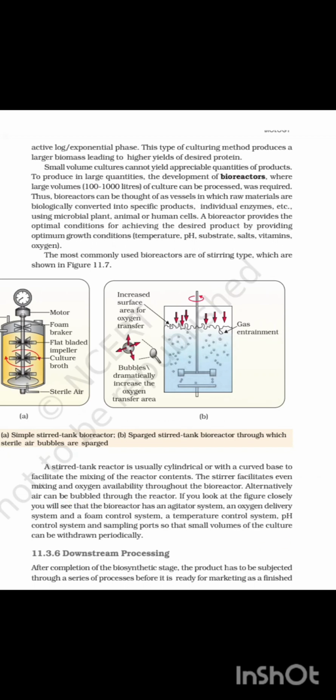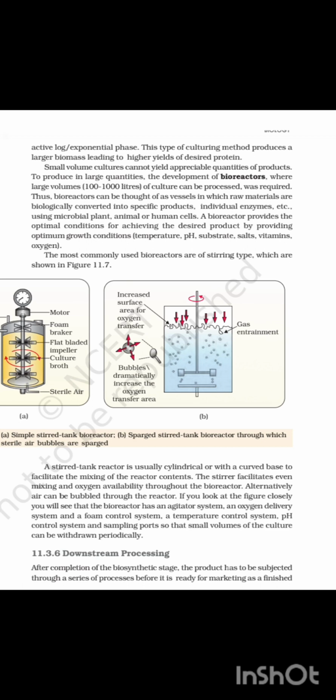If you look at the figure closely, you will see that the bioreactor has an agitator system, an oxygen delivery system, a foam control system, a temperature control system, a pH control system, and a sampling port so that small volumes of the culture can be withdrawn periodically.